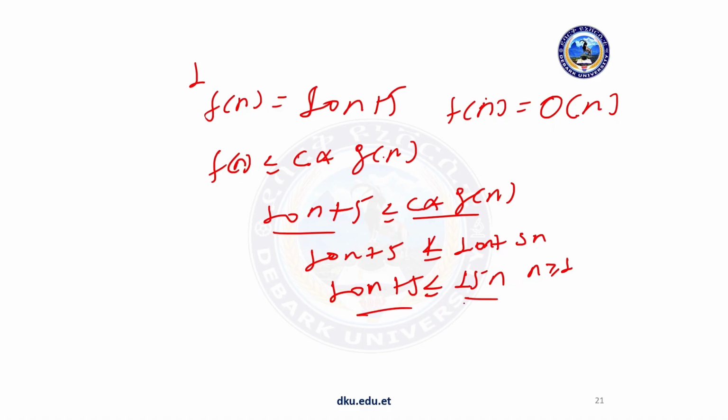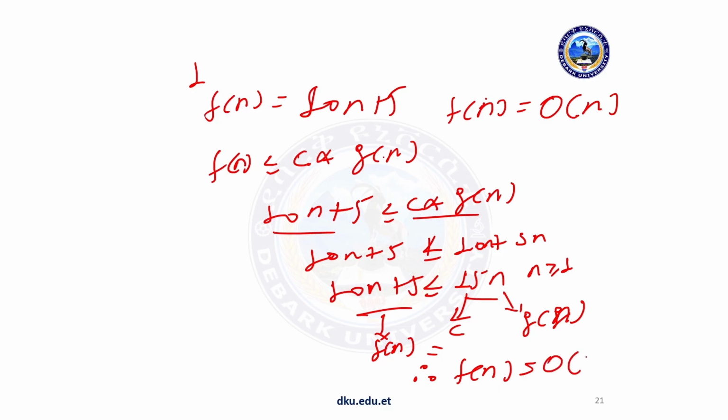So 15 is the value of c, and n is g of n. This is f of n. So in general, we can say that f of n is big O of g of n.